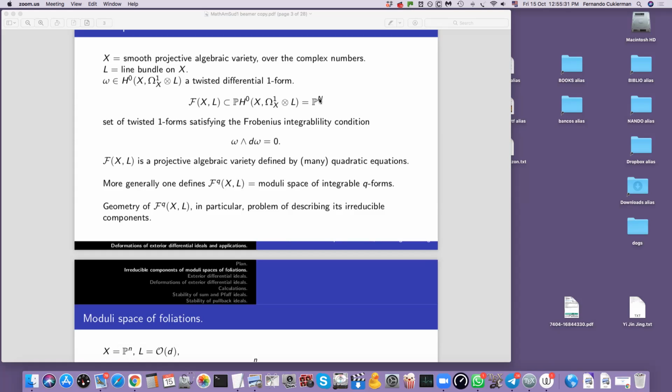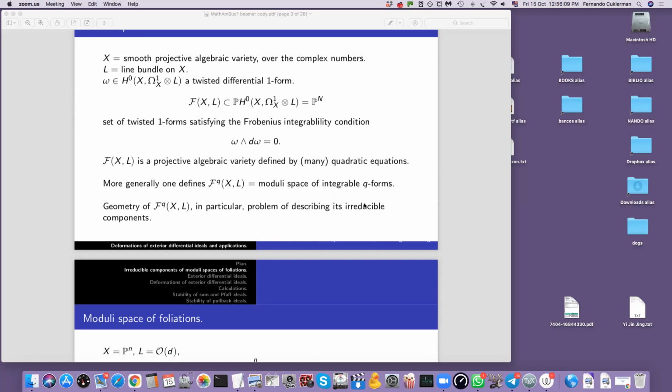So this variety that we are trying to understand is excedentary. It's not a complete intersection. It's not clear what dimension it has, and it's not clear which are the irreducible components of this variety. So this is one of the main problems that we want to solve. But the problem is due to the fact that the number of quadratic equations that we're considering is very large.